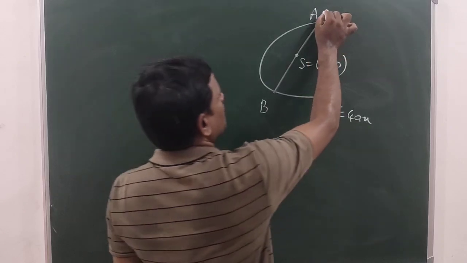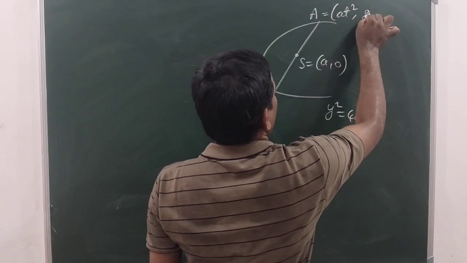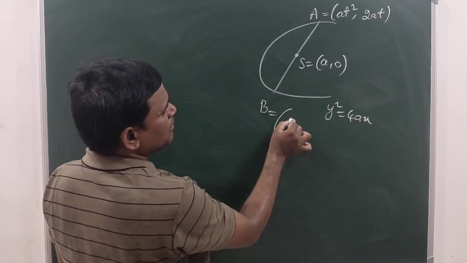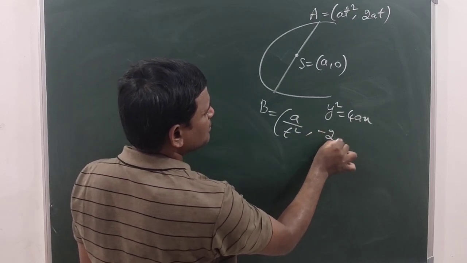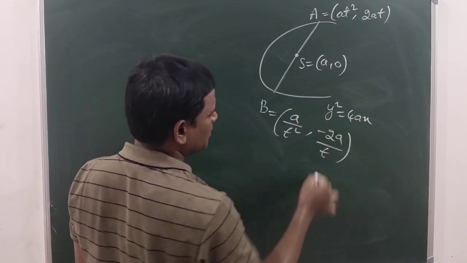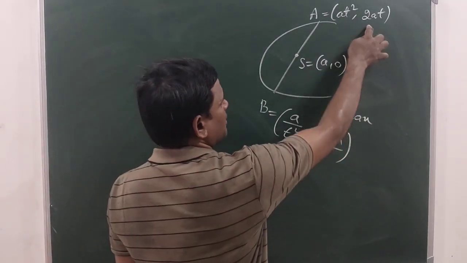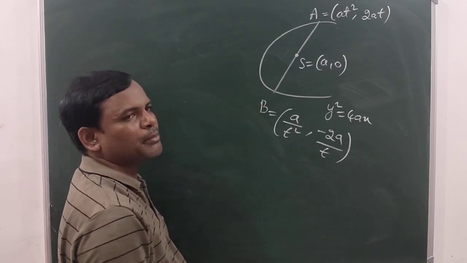So consider the extreme coordinates as (at square, 2at). Then the other end will be how much? (a by t square, minus 2a by t). Right. Now these two are the extremes of this focal chord in the parametric form.